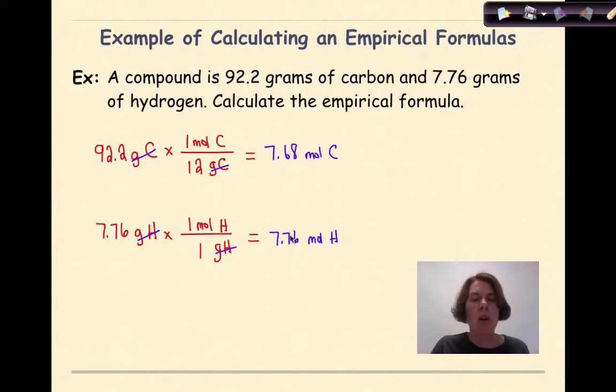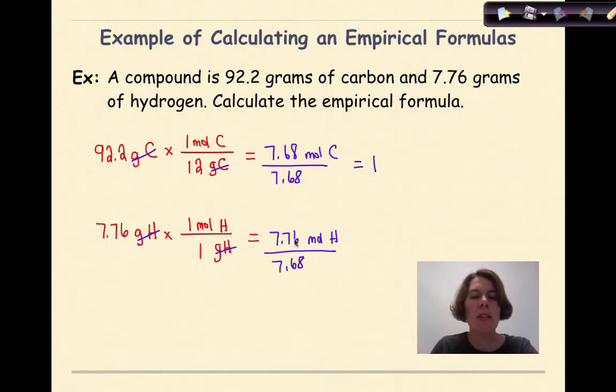The next thing that I want to do is divide by the smallest number of moles. So out of these two, 7.68 moles is the smaller number. So I'm going to divide this by itself, 7.68, and divide 7.76 by 7.68. Any number divided by itself, of course, will be 1.